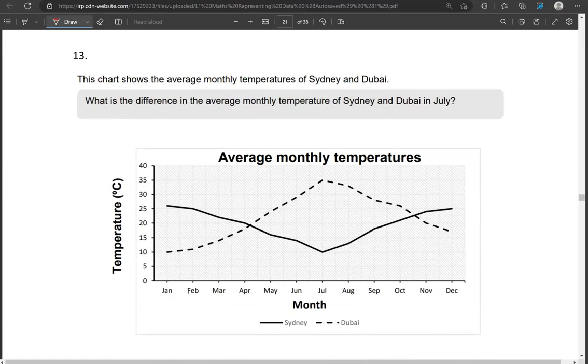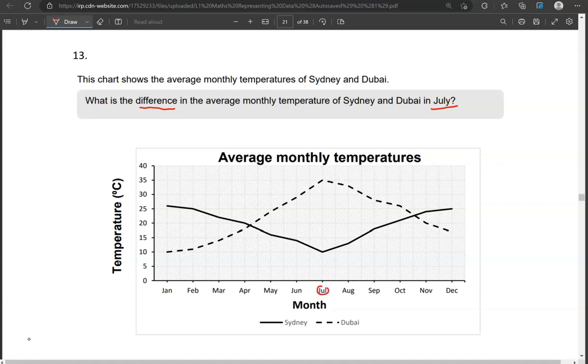This chart shows the average monthly temperatures of Sydney and Dubai. What is the difference in the average monthly temperature of Sydney and Dubai in July? Difference means working out the difference by taking away the smallest from the largest. So it's July that we're interested in.